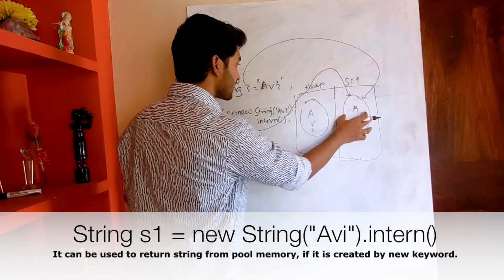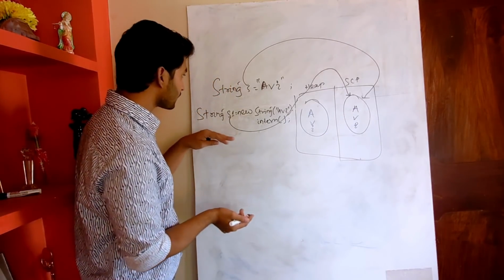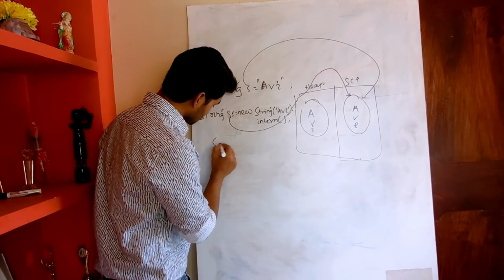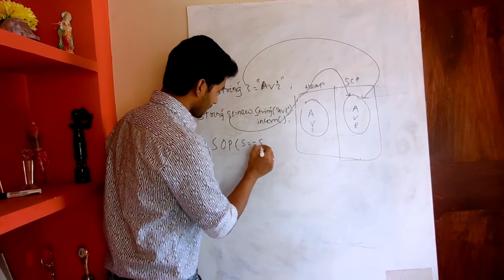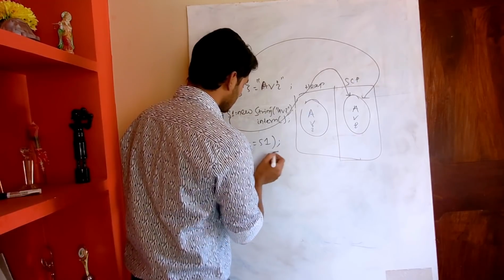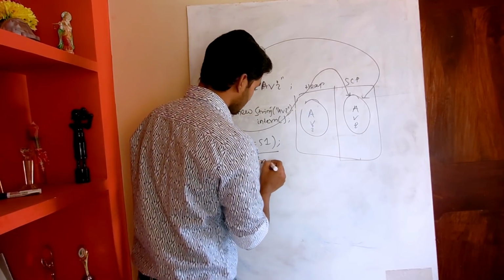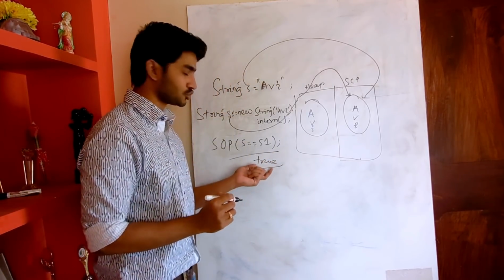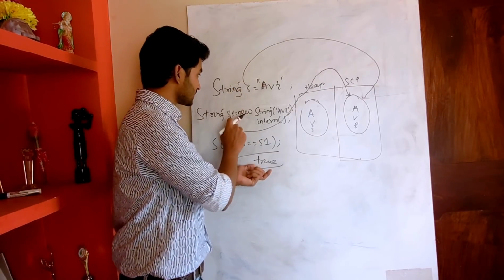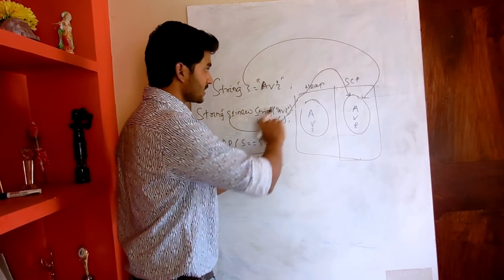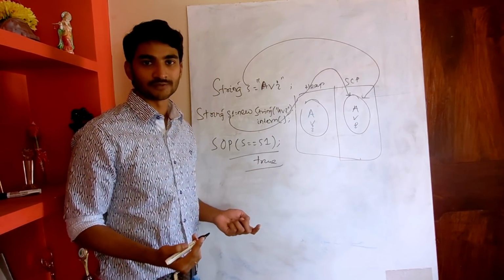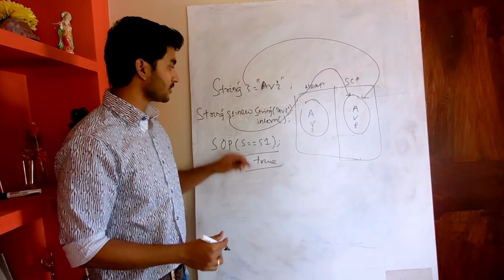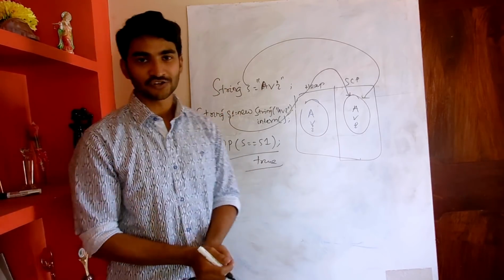So if you check the reference with System.out.println(s == s1), you are going to get true, because both s and s1 point to the object inside the string constant pool. So there you go, you might get this question in your interview as well.